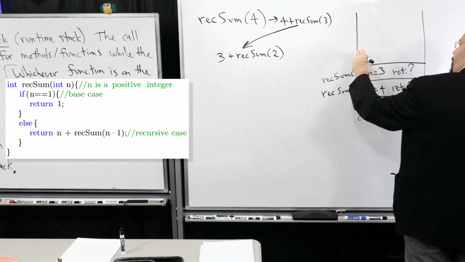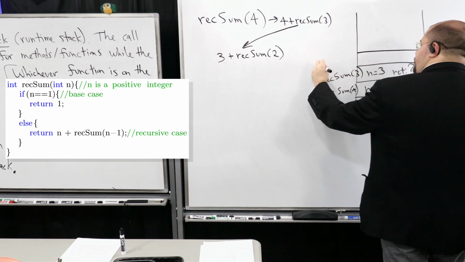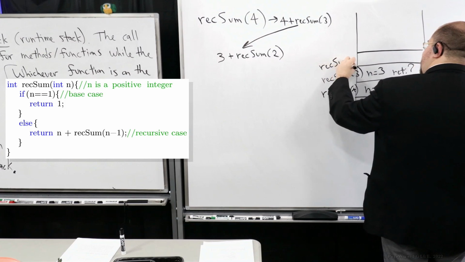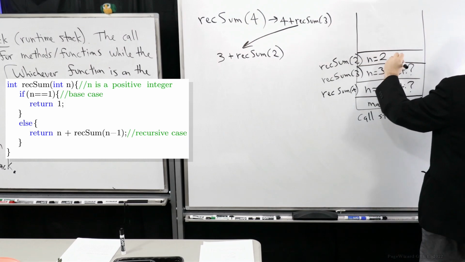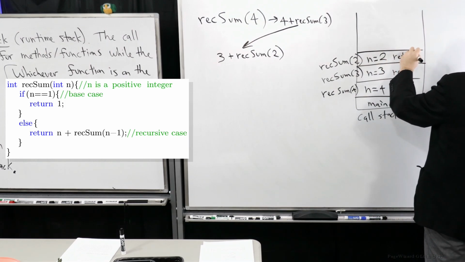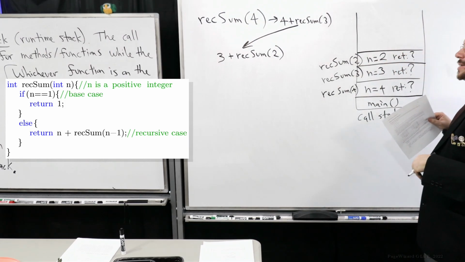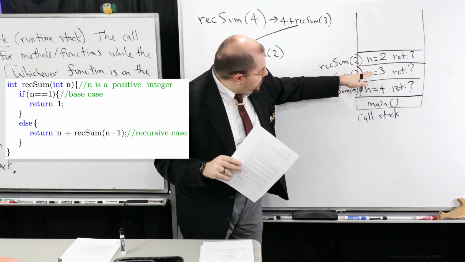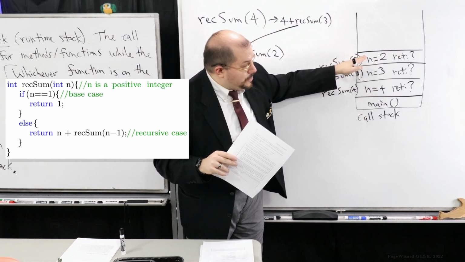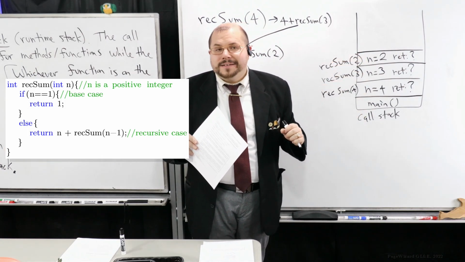So when I'm calling recursively rec sum 2, it creates an activation record, rec sum 2, for which its parameter n is equal to 2, and we don't know the return value quite yet. Do you notice that I'm not executing any one of these down here, right? It's whatever's currently at the top of the call stack.